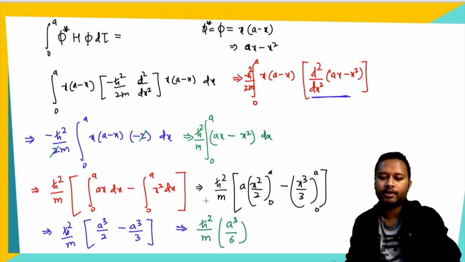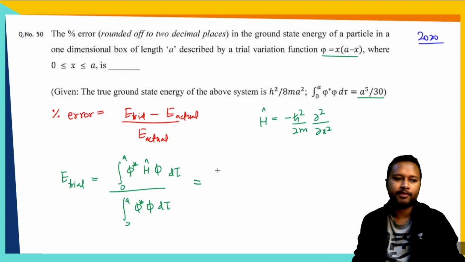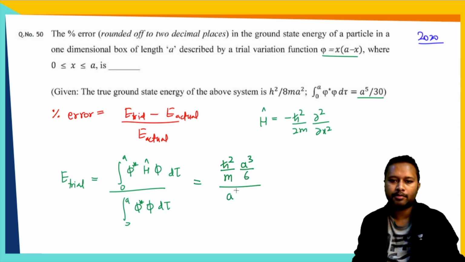Let's substitute it. So my E trial is going to become this particular value that came out, h cross square upon m, and this was h cross square upon m and a cube upon 6, and the value of this is already given to me. This is a to the power 5 upon 30. So let's put this value in, and when you solve this, you are going to get h cross square upon m.